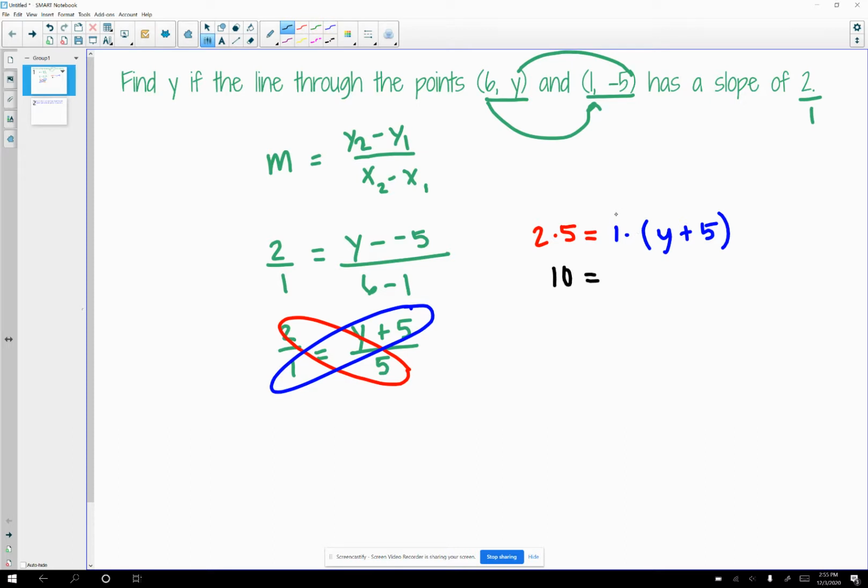And this 1 on the outside really is getting distributed or multiplied by everything on the inside. So 1 times y is y plus 1 times 5, which is 5. And now you're just solving the equation. So remember, we undo our order of operations. So I'm going to subtract 5 from both sides. And I've got 5 equals y, and that's the answer. That's the other coordinate.